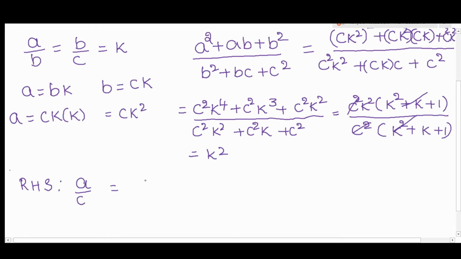A value is nothing but c k square divided by c. C and c get cancelled and you get k square. You can see here the LHS is k square, and RHS is also k square. Therefore, LHS is equal to RHS.